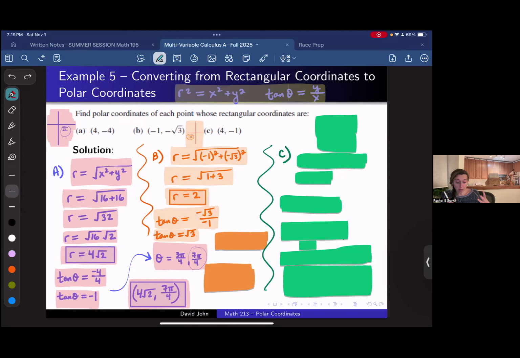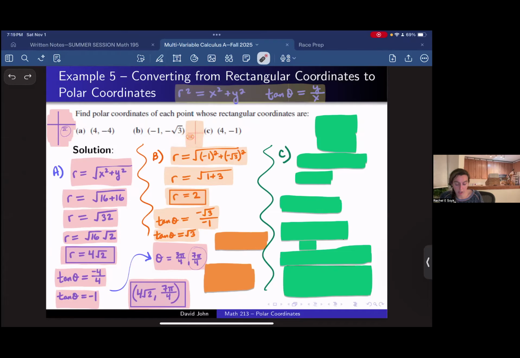So from our pi over 3, we want to figure out the different scenarios. We know that it's going to be in that third quadrant. So if our reference angle is at pi over 3 here, we have pi, also known as 3 pi over 3 plus pi over 3.